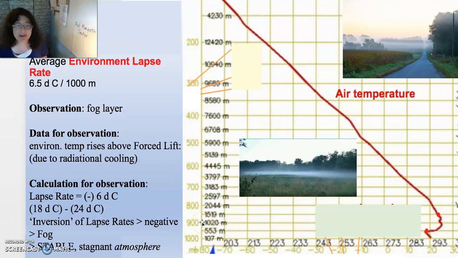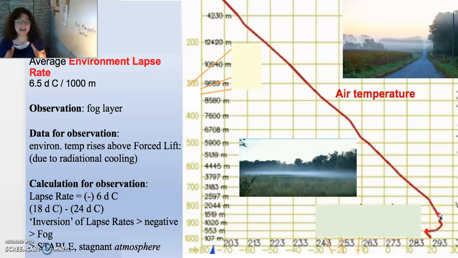Normally that is flipped, but in meteorology we look at lapse rates rather than slopes, and we calculate our lapse rates as initial temperature at lower altitude minus later temperature at higher altitude. 18 degrees minus 24 for a negative lapse rate that increases in temperature with altitude.